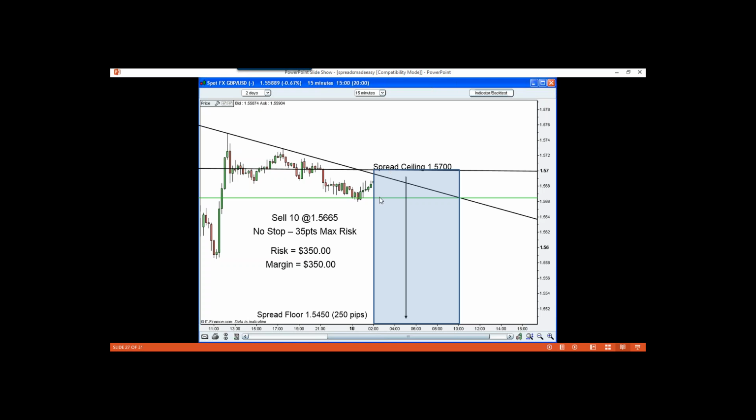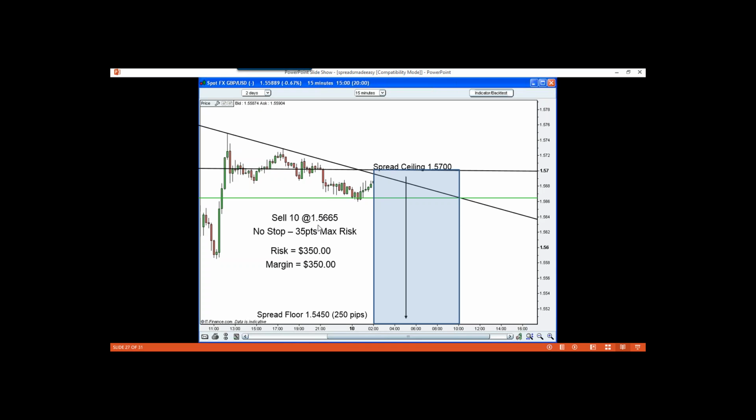And I can get into the spread right here, okay? So I'm going to sell 10 spreads. From where I'm selling to the ceiling of the spread is 35 pips, which is $1 a pip, $35, right? Times 10, because we're doing 10 of them. Does that make sense? Everybody follow me here?